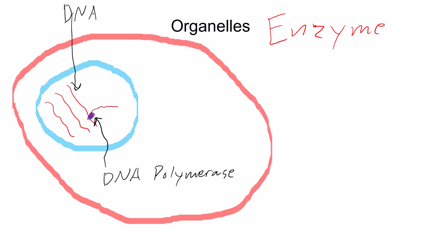Now this mRNA, it leaves out of the nucleus. There are small holes in the wall of the nucleus where the mRNA can leave, and it goes out into the cytosol, the liquid that is outside the nucleus but still inside of the cell membrane.